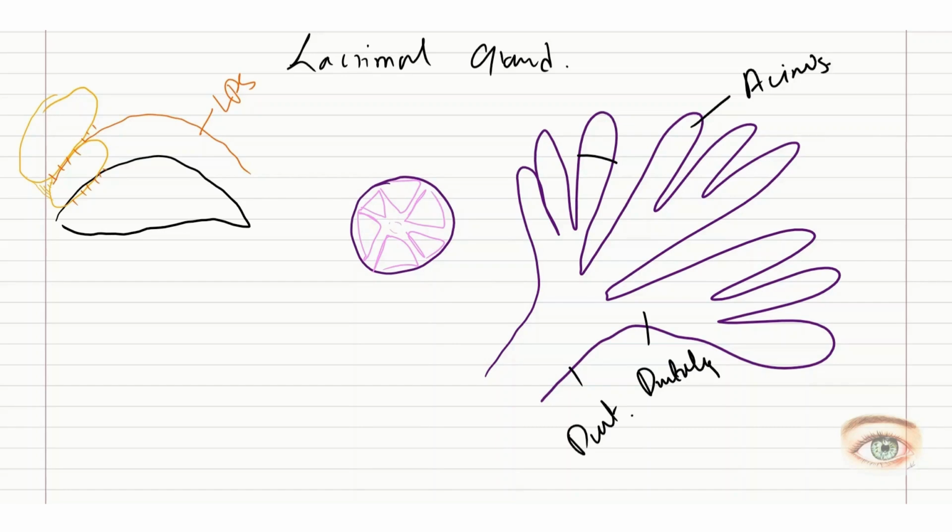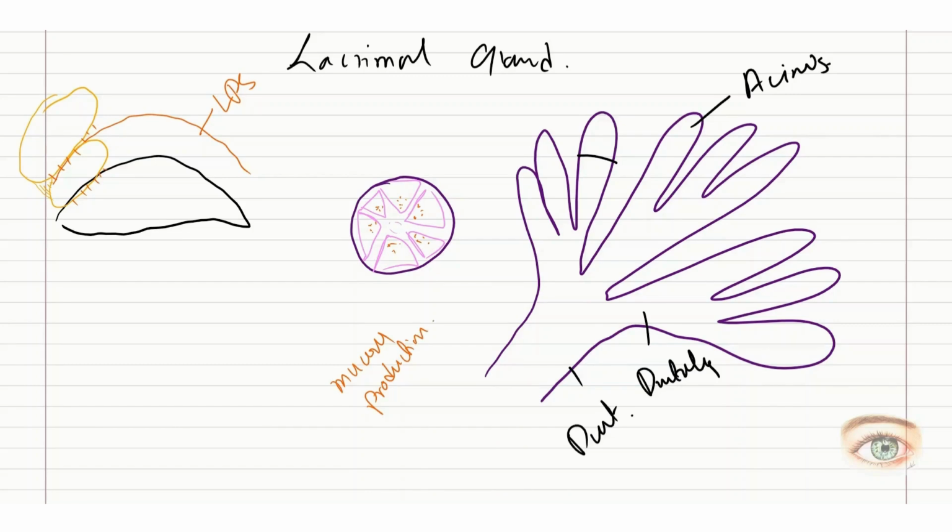In the apical region of these acinar cells, we have secretory granules, which are responsible for the aqueous production. Now, there are some researchers who claim that not only is there aqueous production, but also mucus production.